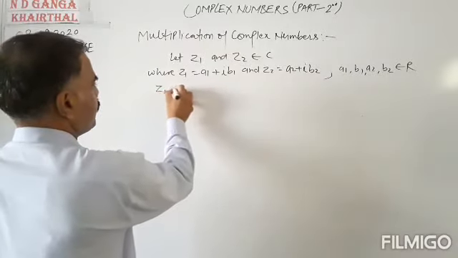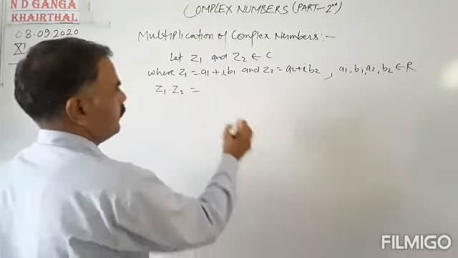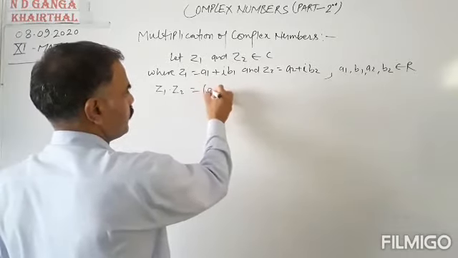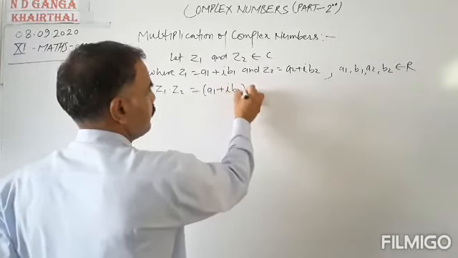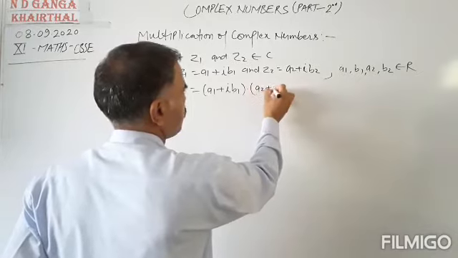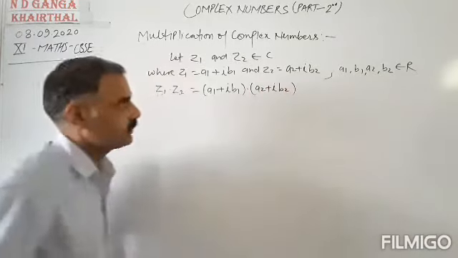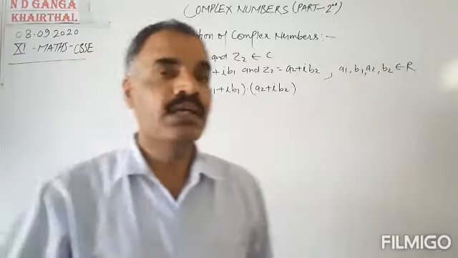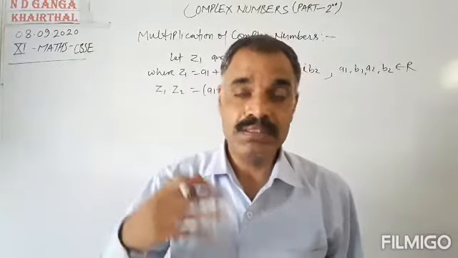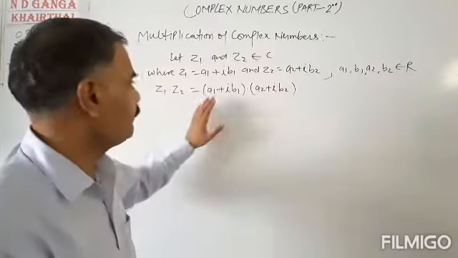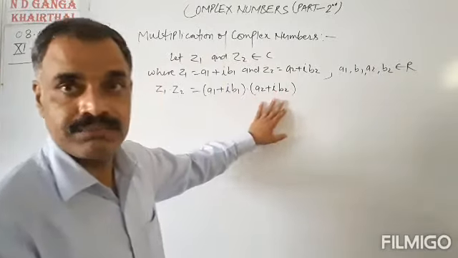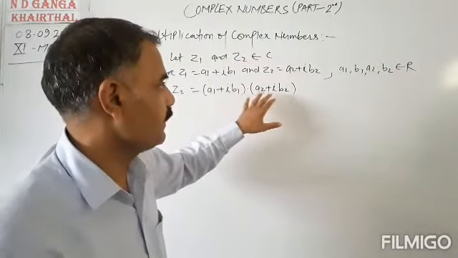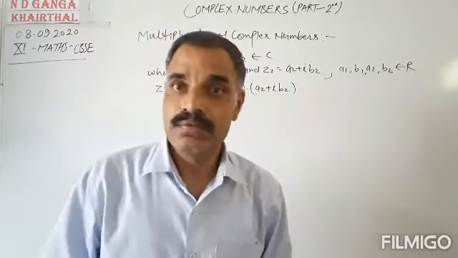Z1 multiplied by Z2, that is A1 plus iota B1 multiplied by A2 plus iota B2. When we multiply, multiplication will be done in a simple, general way. A1 will multiply both of the terms. After that, iota B1 will multiply both of the terms of the second bracket.